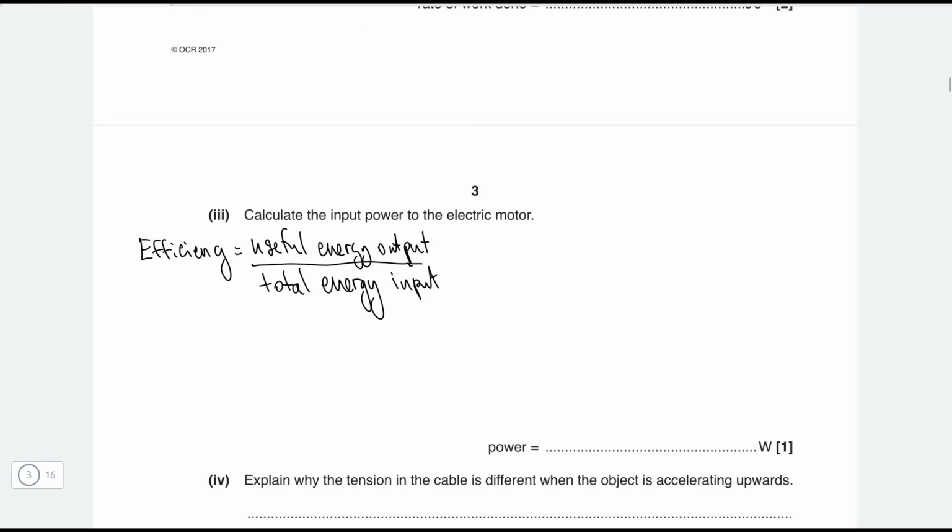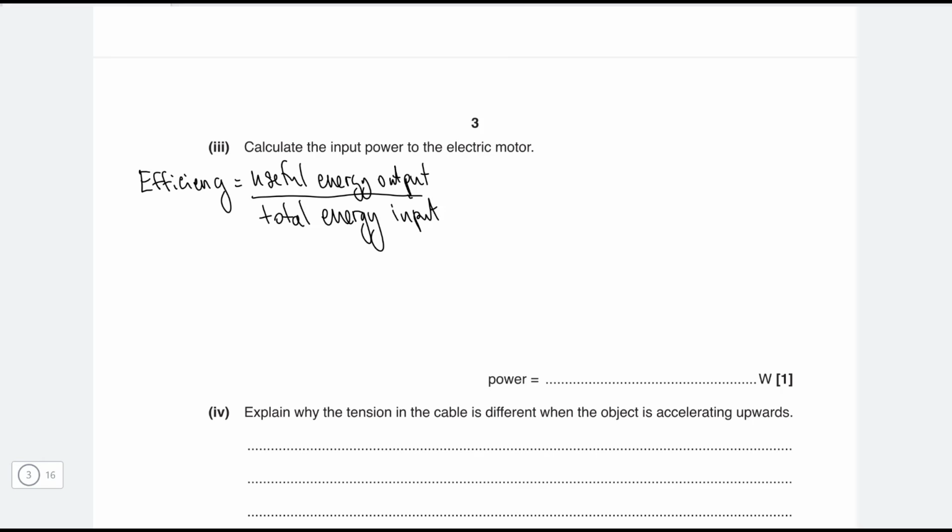Part 3 is asking you to calculate the input power to the electric motor. We're going to use the equation for percentage efficiency, which is given in the formula booklet, and efficiency is simply the useful energy output divided by the total energy input, and that is normally a percentage efficiency.